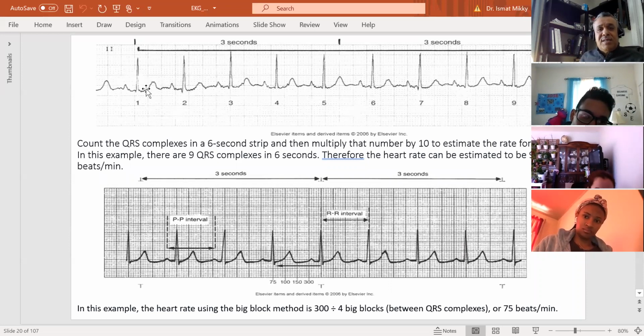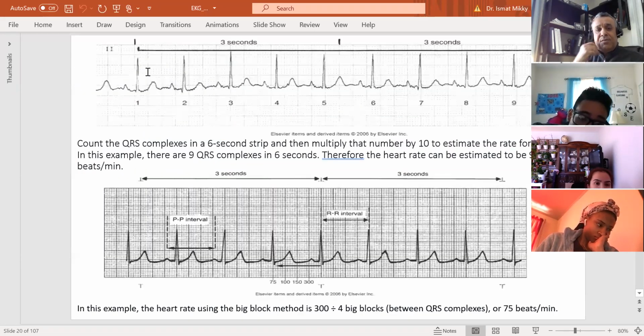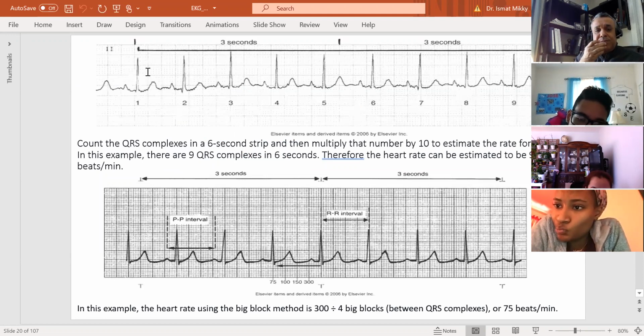As we analyze the EKG strip, there is a systematic method of analysis, and I believe I listed the analysis here. So let's practice one example of heart rate calculation from the EKG strip.